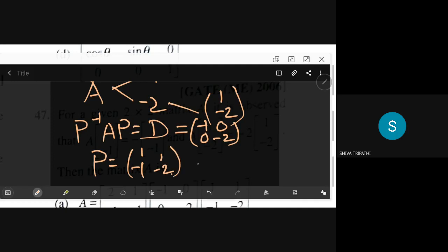I had a doubt here. So now you are asked to find A. A is PDP inverse. That is the answer. That is one way of getting A.